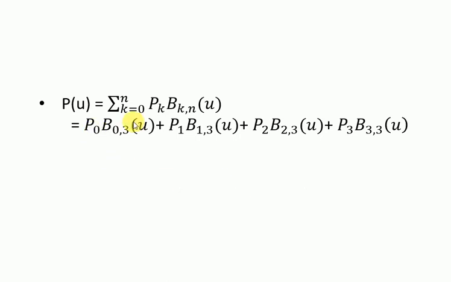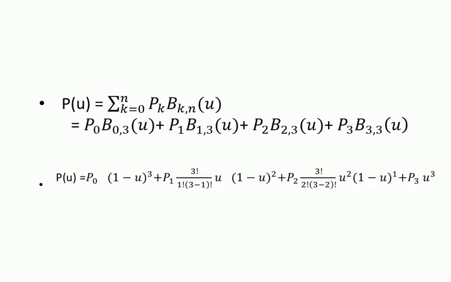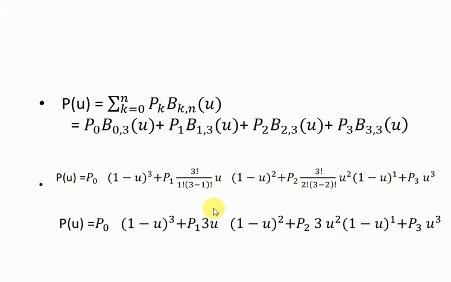Now substituting into this formula, we get P0 into 1 minus u to the power of cube, P1 into 3 factorial divided by 1 factorial into 3 minus 1 factorial, u into 1 minus u squared, and this is the equation you get. Substituting these values, 3 factorial divided by 2 factorial into 3 minus 2 factorial, this will be 3, and this one will be 3, and the rest are the same.